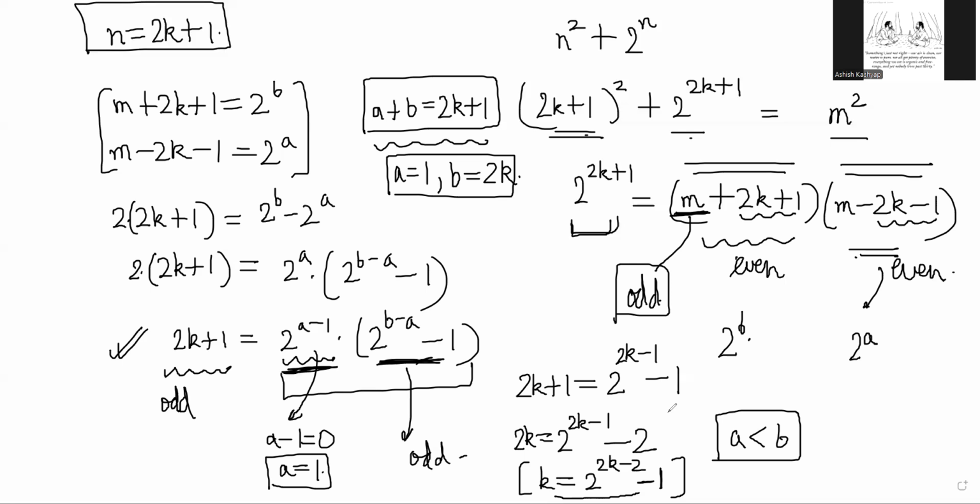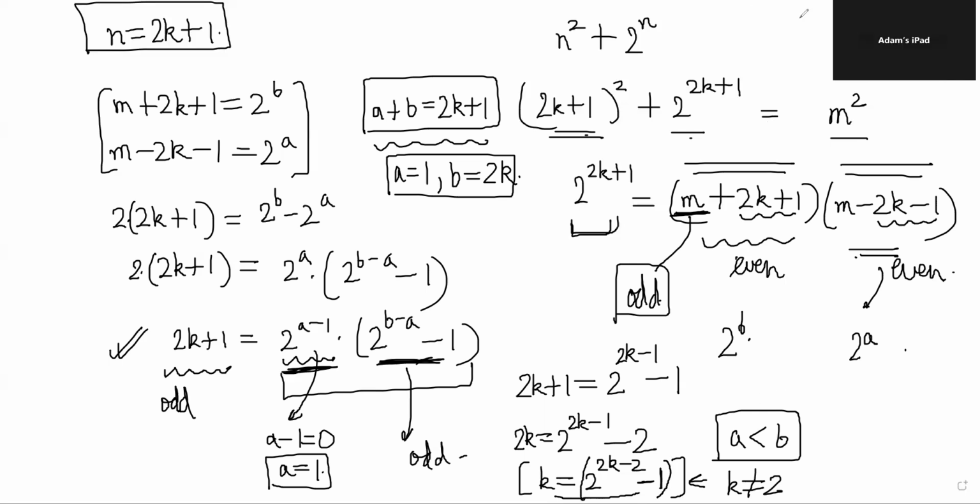Let's think about the situation when k is some big number like 2. If k is 2, is the equality happening? 2 is equal to 2 to the power 2 minus 1. That's not correct, right? K cannot be 2 from here. If k is 3, again, this part will grow too fast.